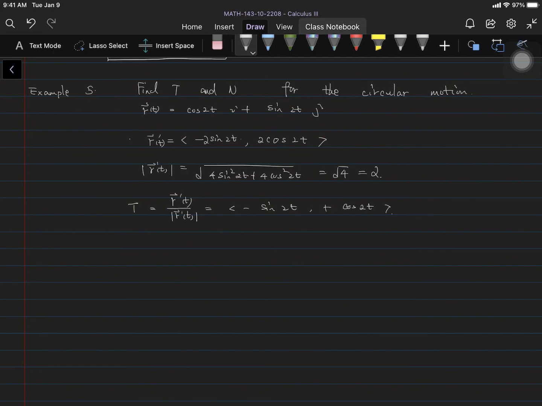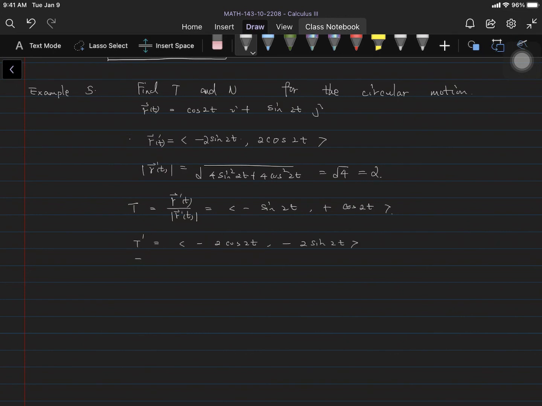Next, let's take a look at how to find the normal vector. The normal vector equals T prime over its length, so I'm going to write down T prime. Look at T. T prime, the derivative of this one, should be negative 2 cosine 2t, negative 2 sine 2t.